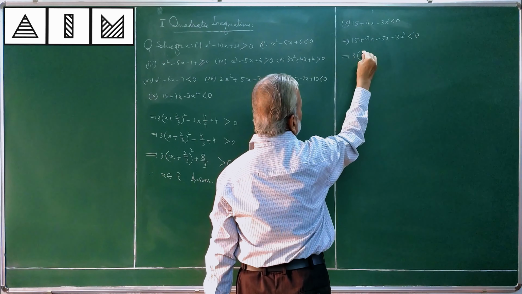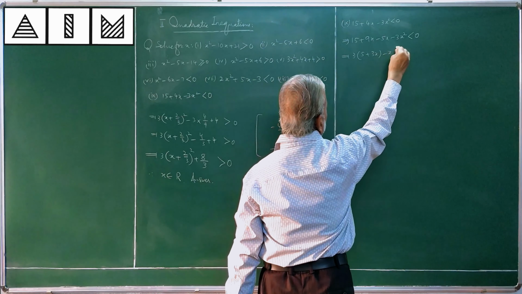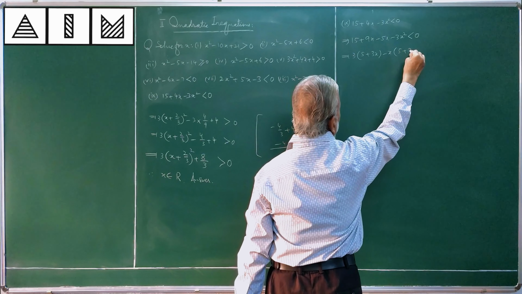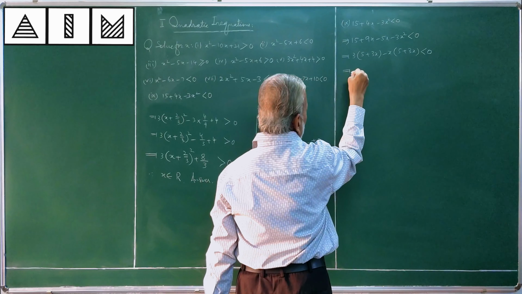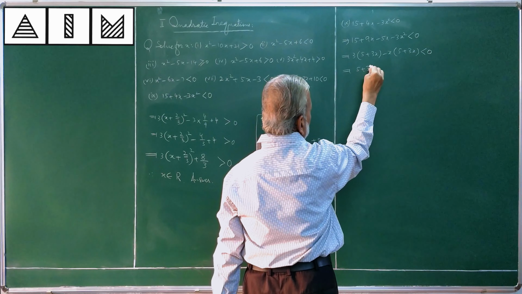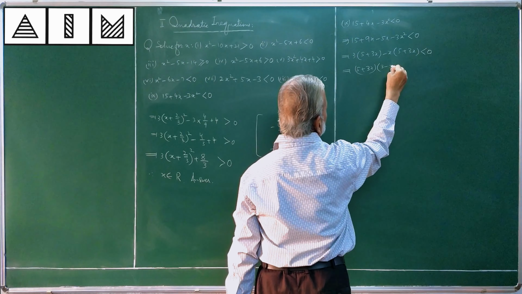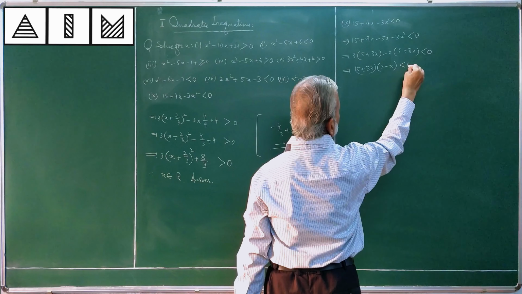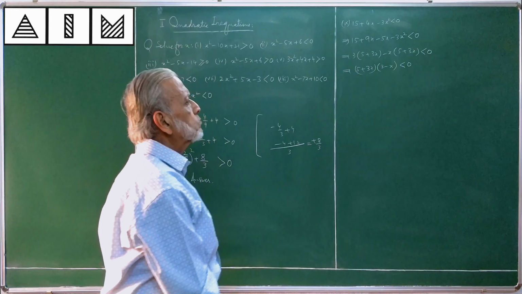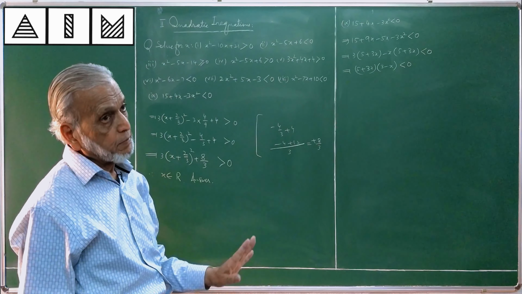Three common. X common. 5 plus 3x common. 15 plus 4x minus 3x square has been factorized.